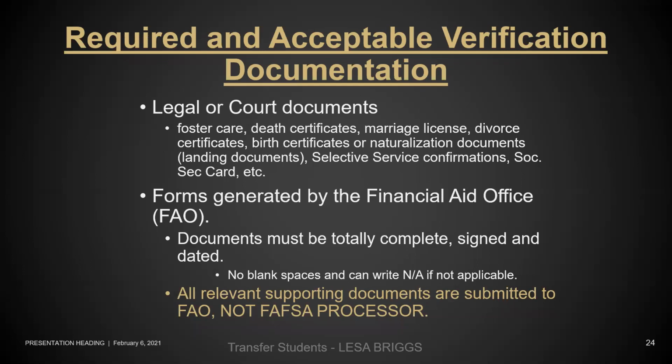As for the types of legal documentation that may be required and are acceptable for the financial aid office, I have a list here. Also, for verification, the financial aid office may need to verify your tax information, your household information, if you have other siblings in college, if there's child support paid or received.